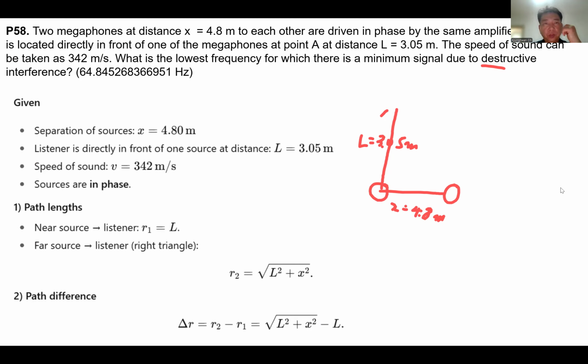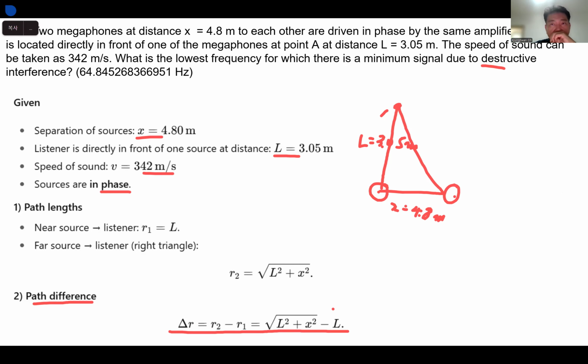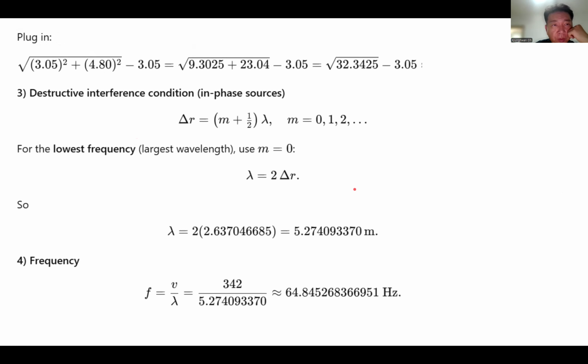We need to understand first of all the interference conditions, and then we can specify the condition for destructive. So x is given, L is given, velocity is given, and the sources are in phase. The only difference that generates the interference is the path difference, which is the same as before and is given.